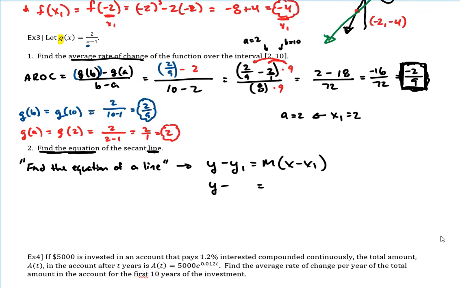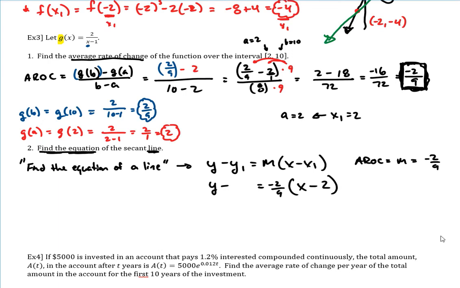I'm going to do y minus, and let's leave a blank. m is the average rate of change, which is that negative 2/9 that we found. So we'll plug that in right here. So we have negative 2/9. And then x minus, we said x1 is just 2. So it looks like this so far. And then y1, well, what do we get for y when we plugged in 2?